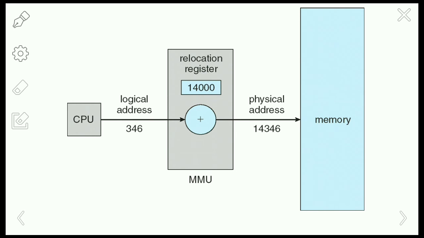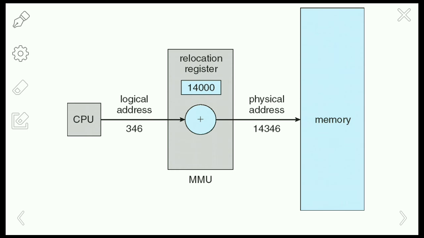So now let us take some clarity about the logical address and physical address. Here the CPU is generating a logical address of size 346, and in the relocation register the address is given as 14,000.